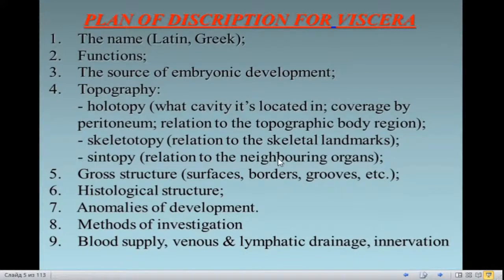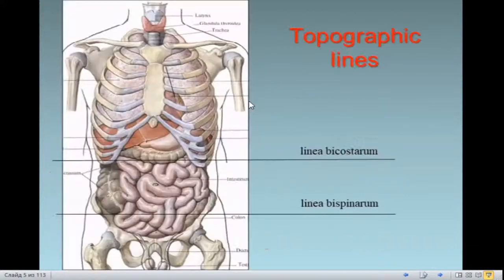These are all visual methods. And the last point, blood supply, venous and lymphatic drainage, and innervation, we will study a bit later when you learn the vessels and nerves.